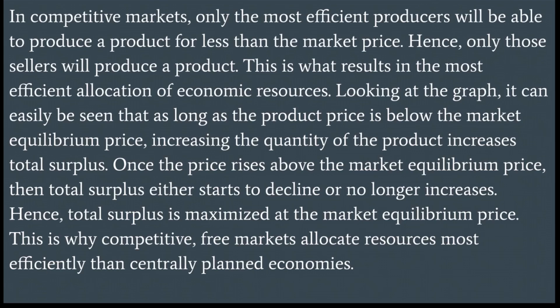Once the price rises above the market equilibrium price, then total surplus either starts to decline or no longer increases. Hence, total surplus is maximized at the market equilibrium price. That is why competitive free markets allocate resources more efficiently than centrally planned economies.